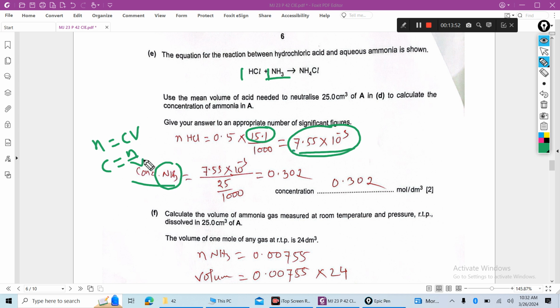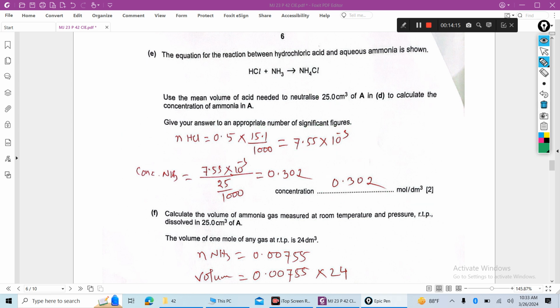So the number of moles you calculated here, and the volume is 25 divided by 1000, converted to dm cube. So you will get a concentration of 0.302 mole per dm cube. This is the concentration of ammonia.